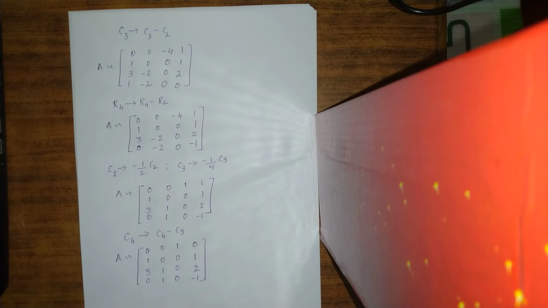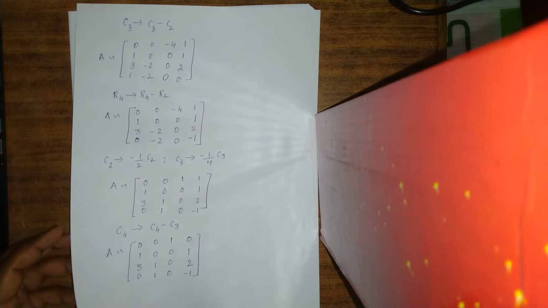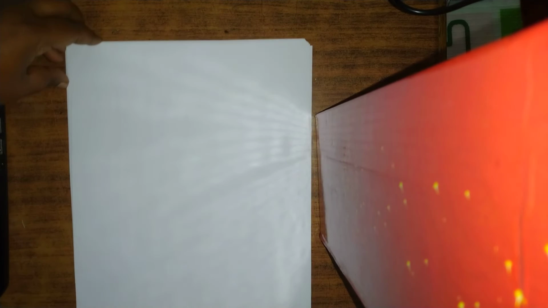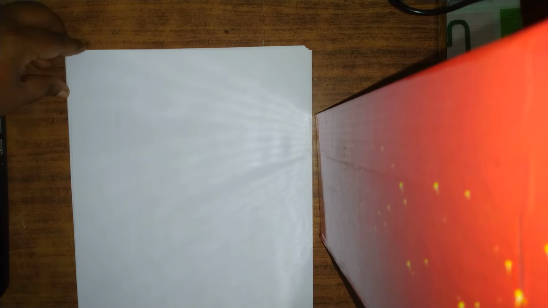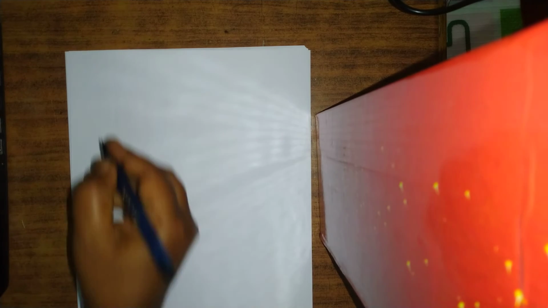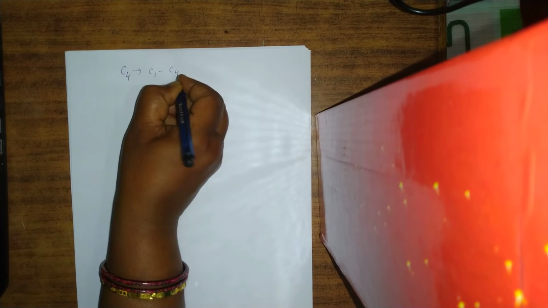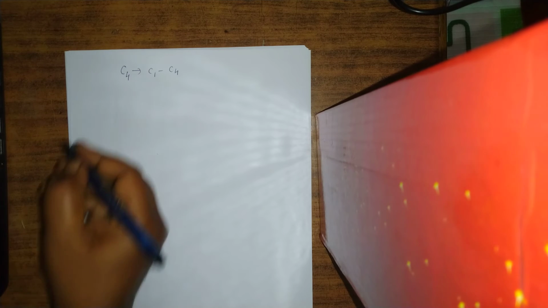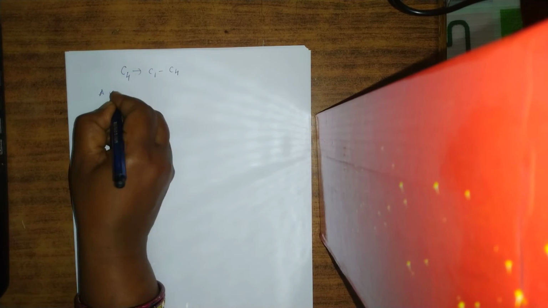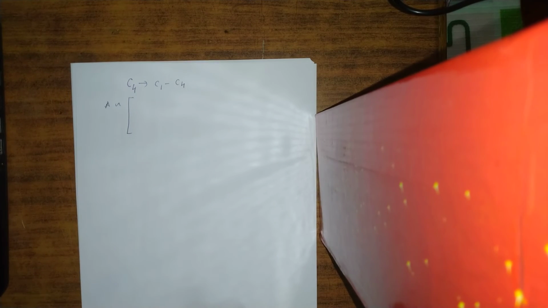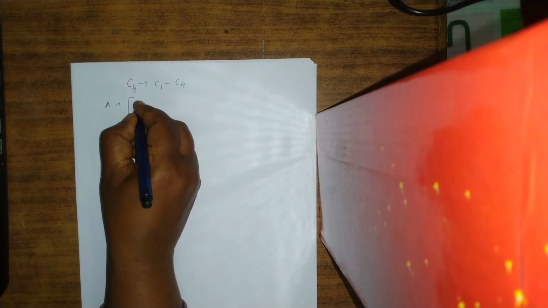So now let's do some more operations for this again. What are we going to get now? C4 will be C1 minus C4. So let's operate for C4, that is C1 minus C4. Now the matrix A will be changed to, now only the C4 is going to get changed, so all of the elements remain the same.